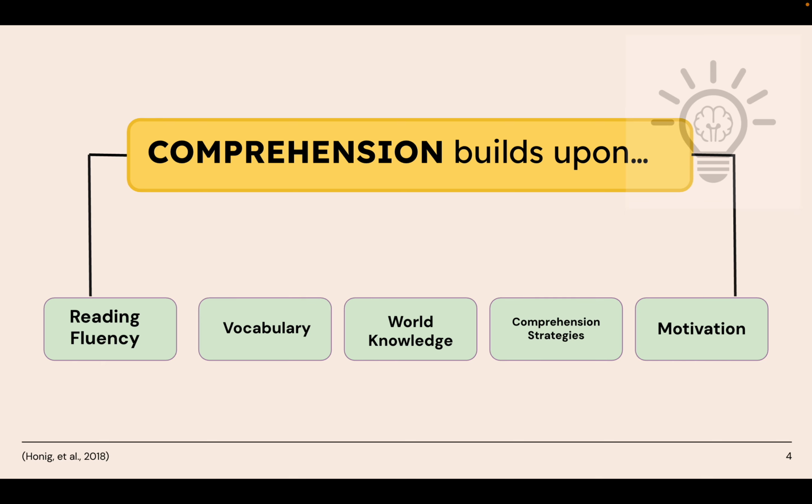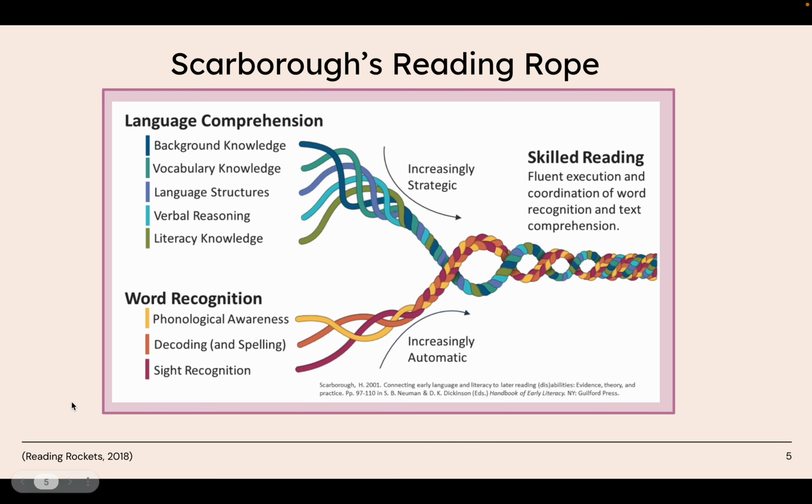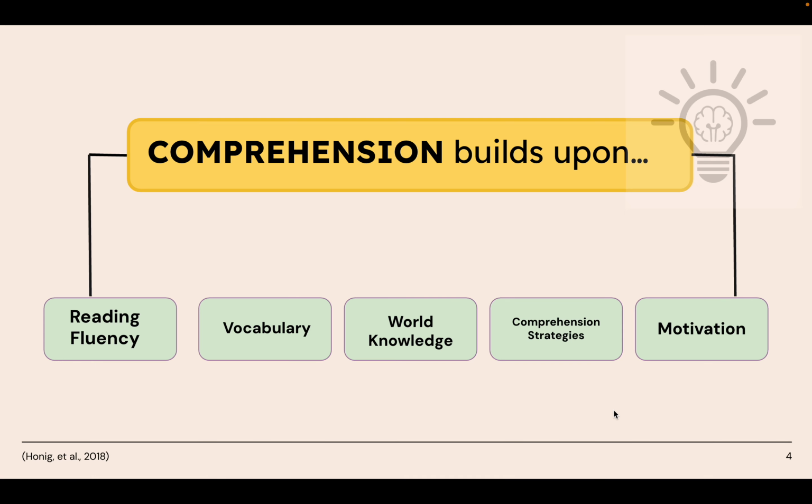Some of these competencies include reading fluency, vocabulary, word knowledge, comprehension strategies, which we'll talk about in a bit, and general motivation. How motivated is the reader to read? As each of these items improves, comprehension as a whole improves for the reader.